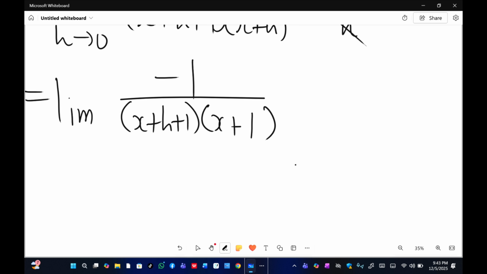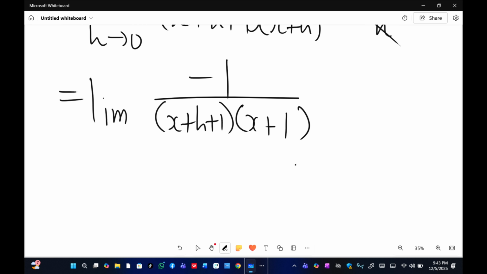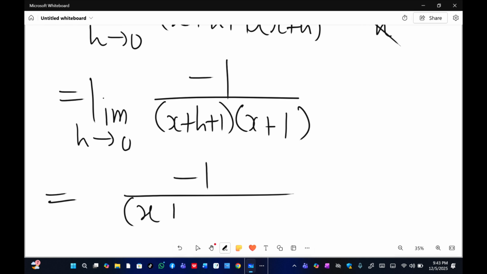Alright, so let's continue now. As our h approaches 0, we can now plug in the value of h to be 0. So we have negative 1 all divided by, wherever you see h, you put 0 over there. So here will be x plus 0 plus 1 in one bracket, also multiplying x plus 1 in the other bracket.